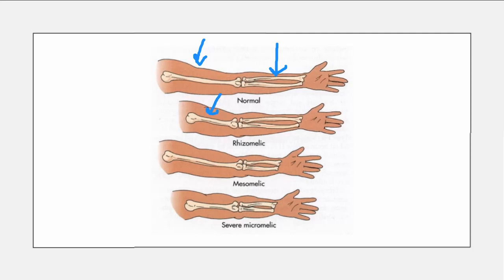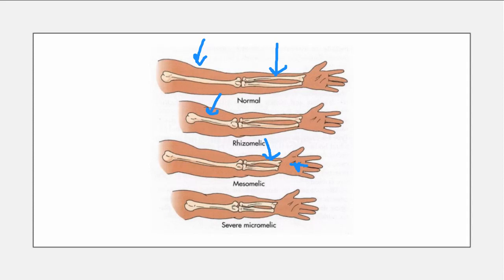Mesomelia, the distal aspect of the bone is shortened, or the middle segment of the extremity is shortened. The hand would technically be the distal aspect. So the middle segment of the extremity is shortened. And then micromelia, both segments are going to be shortened. So if this were the leg, we would say that rhizomelia would be where the femur is shortened.